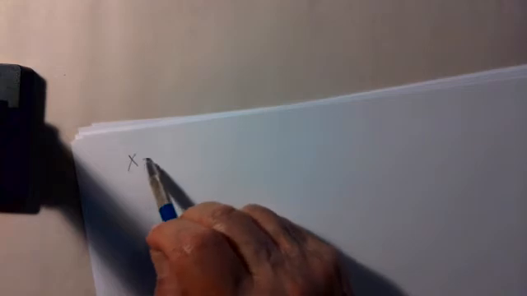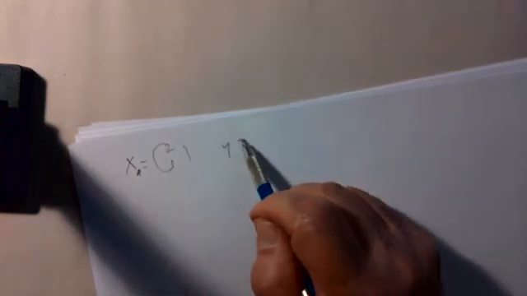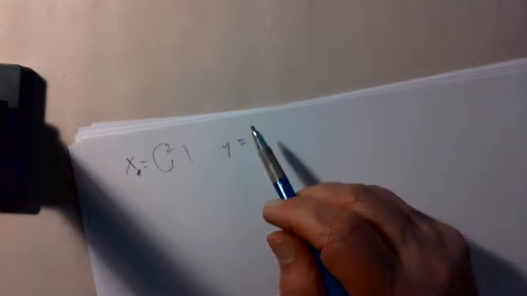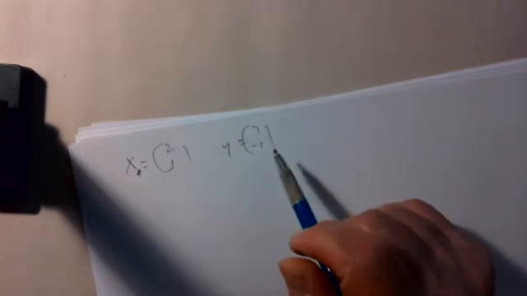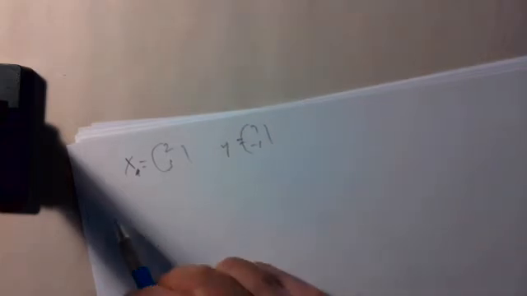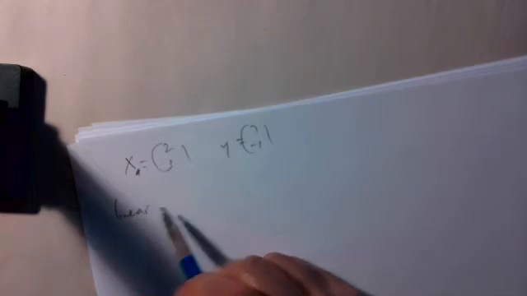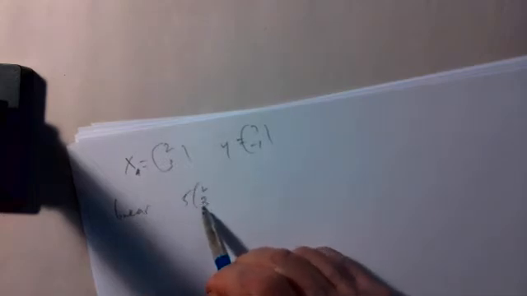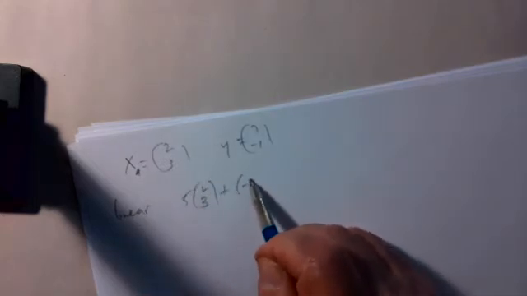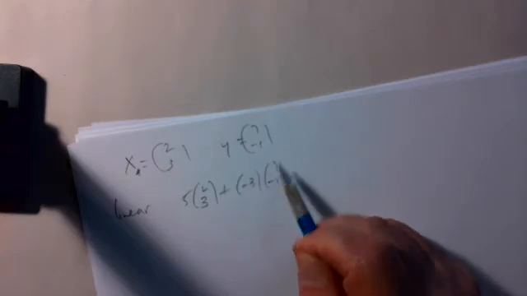Suppose I take the vector x equal to (2, 3), and y equal to (7, minus 1). And I could take the linear combination. This is just an example. 5 times the vector (2, 3) plus minus 3 times the vector (7, minus 1).